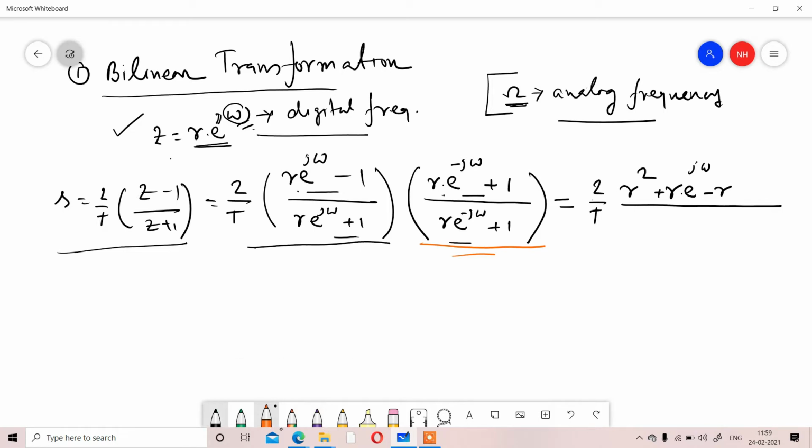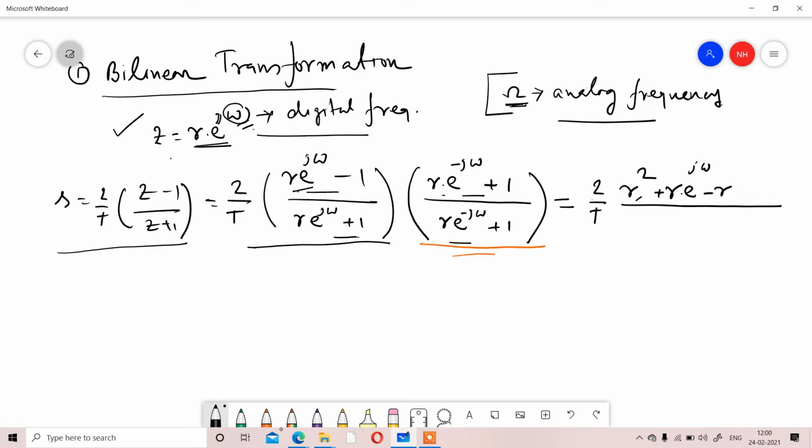Now we multiply the numerators and the denominators. First, r e^(jω) is multiplied by r e^(-jω), so e^(-jω) and e^(jω) cancel out, and the remaining part is r square, r into r. Second part, r e^(jω) is multiplied by 1, so plus r e^(jω).